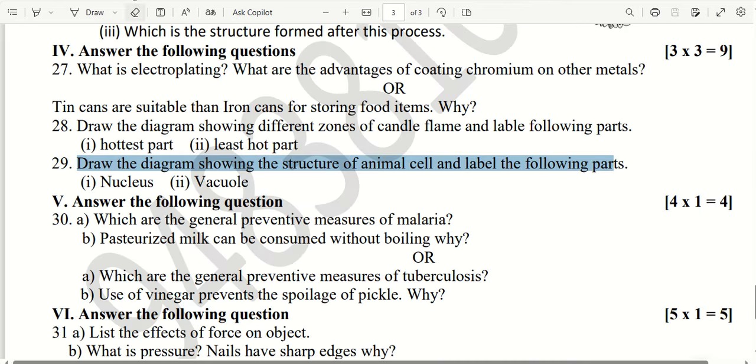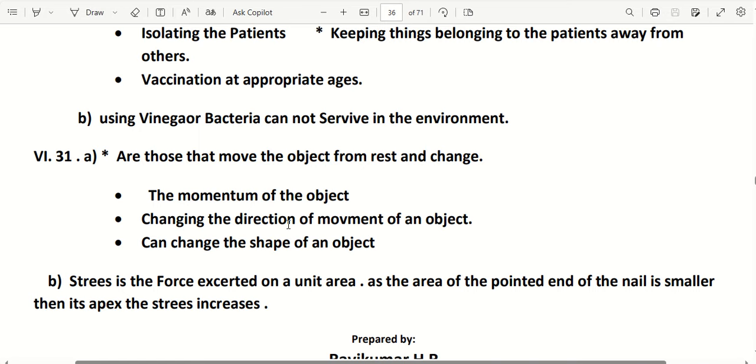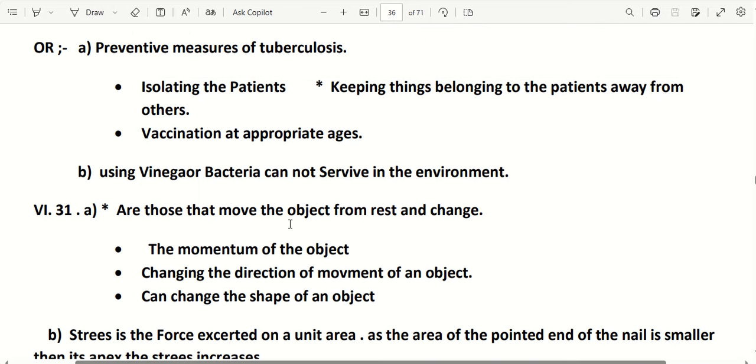I will show you, students, there are three question papers: model question papers and practice question papers. I will show you the practice question papers now.